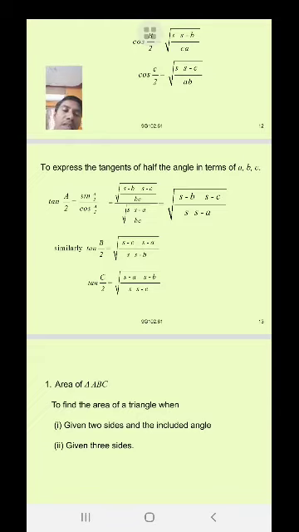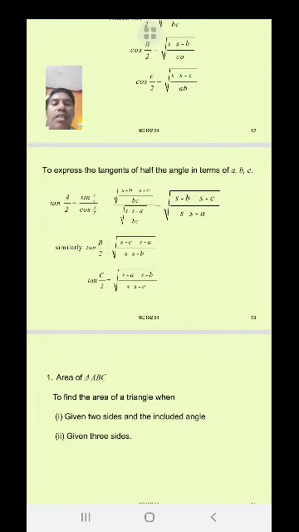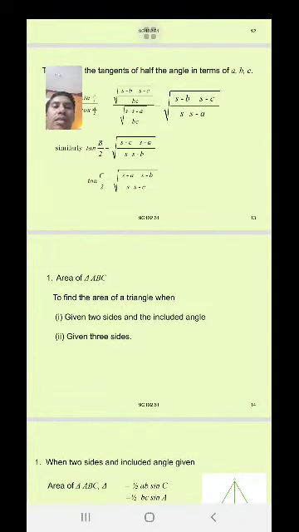Here also the brackets are not printed, so we have to keep them in brackets. The three factors should be in brackets. For s, there is no need to keep a bracket since it is only single. It is not compulsory, but the remaining three factors should be in brackets.